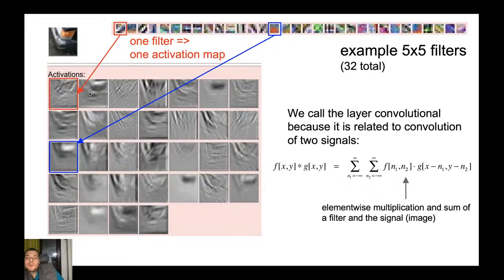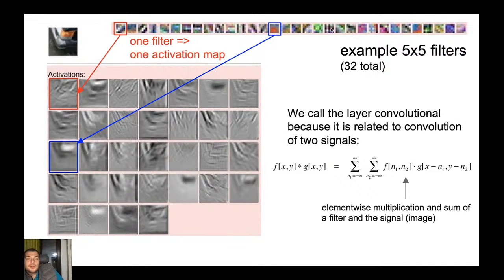So the activation maps really emphasize the patterns that are contained in the filter. Here, for example, we have a stain pattern. So this emphasizes stains in the image, and this emphasizes maybe bars that are oriented like this. Here we have also bars that are oriented like this but are slightly thinner, and so on.